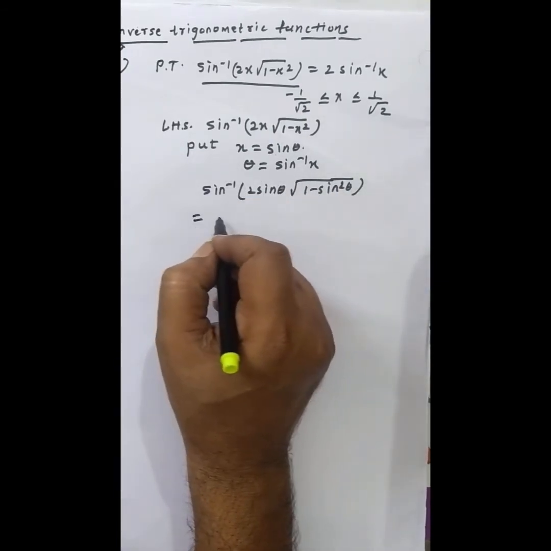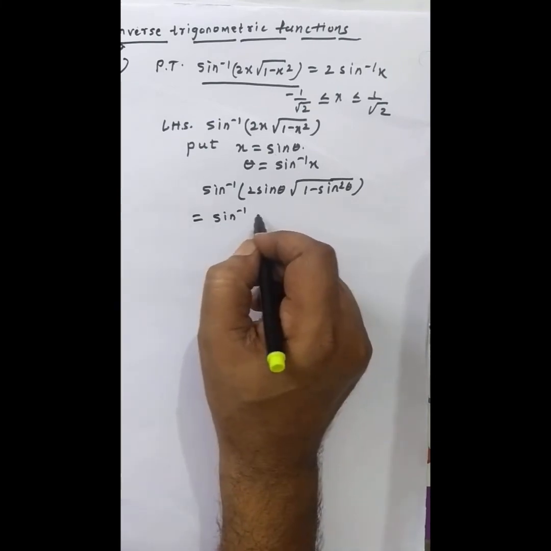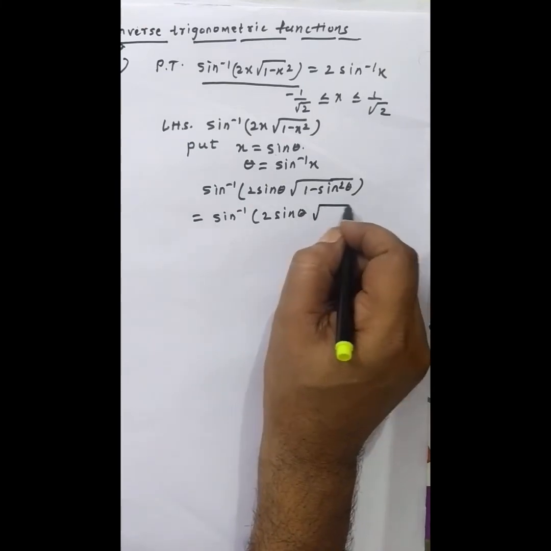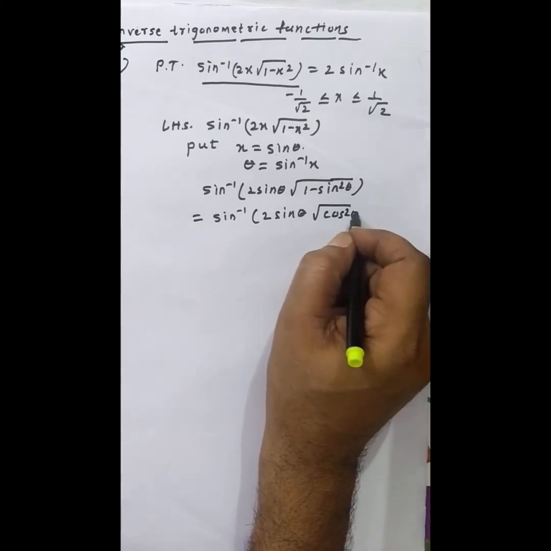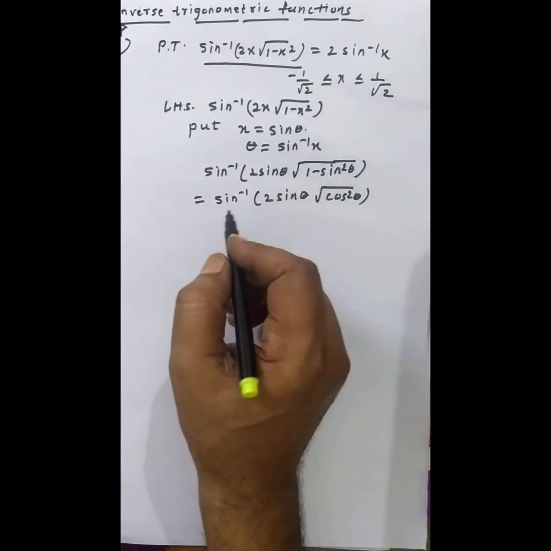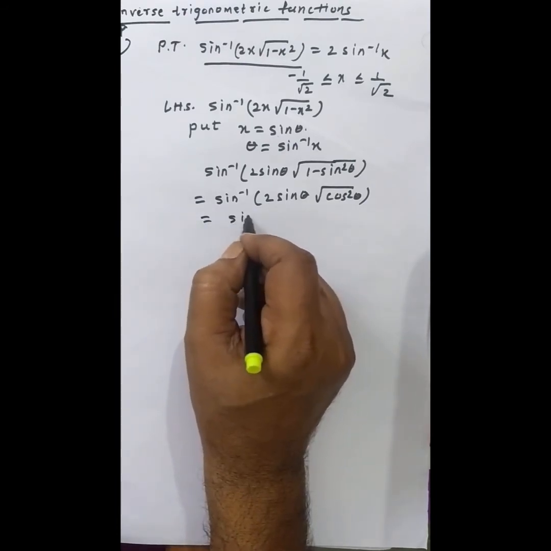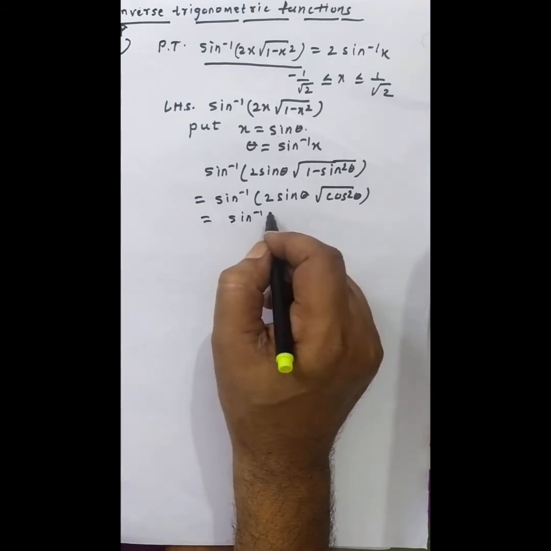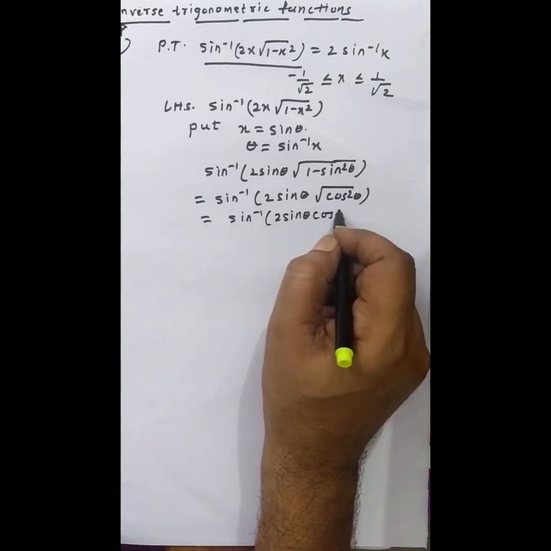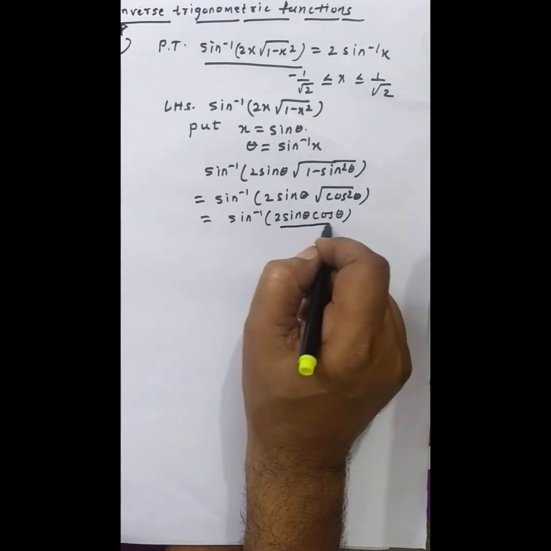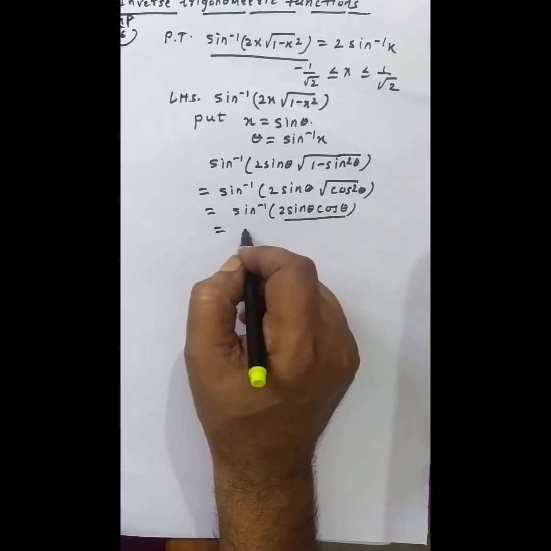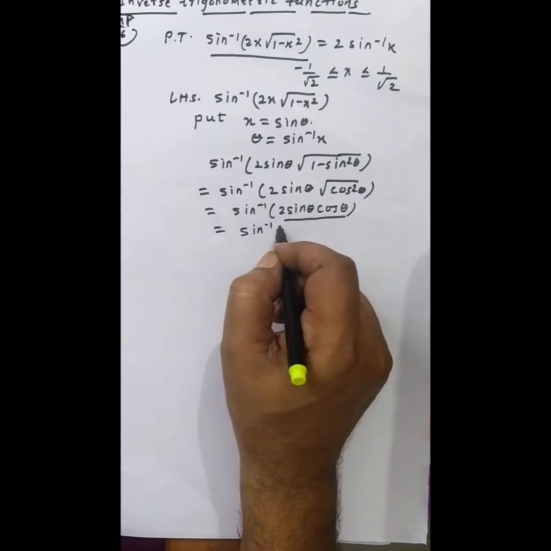What is 1 minus sine square theta? Cos square theta. So this is the same as sine inverse of 2 times sine theta into root of cos square theta, which is cos theta. Now what is 2 times sine theta cos theta? It is sine 2 theta. So this becomes sine inverse of sine 2 theta.